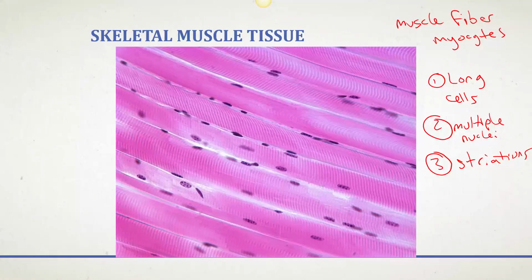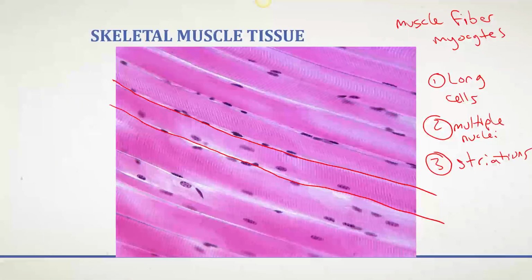So what we're looking at here is one cell. And all of these circles here are nuclei or mitochondria. It's hard to distinguish them under the microscope, but they kind of look like nuclei here.